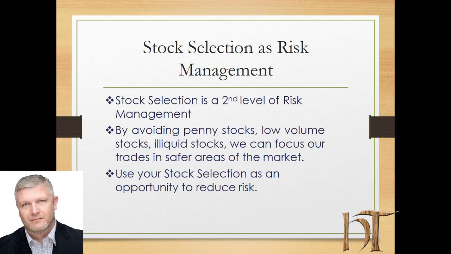So you are 1-to-1, but you're still making money. Our second level of risk management is learning how to choose the right stocks. We're still going to apply the first level to the second level, right? So we're only going to look at the right stocks, and this is where trade accuracy comes in.